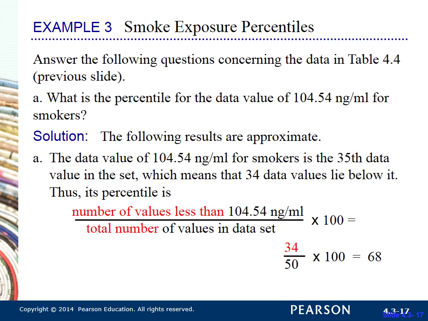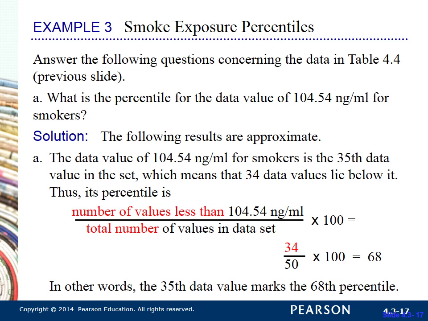We had 50 values, so that's what I divide. 34 divided by 50, multiply that by 100, and you'll get 68. The decimal would be 0.68. So that means the 35th data value, the value 104.54, marks the 68th percentile. They were higher than 68% of the folks, or the 68th percentile. That number had 67 below it.